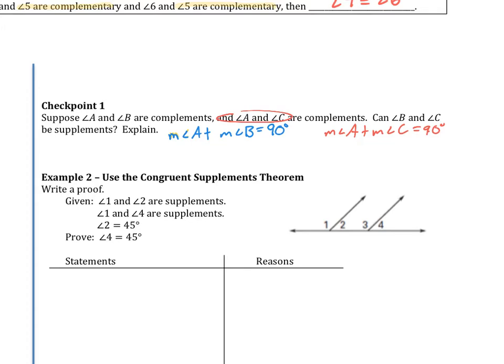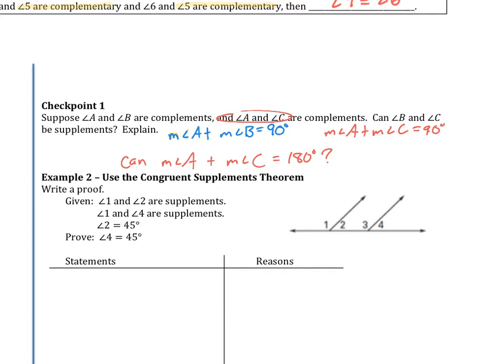So can B and C be supplements? So what that means, can the measure of angle B plus the measure of angle C equal 180? Is that possible based on the information we're given? And the answer is no. And the reason why is because if A plus B is 90, that means B is less than 90.